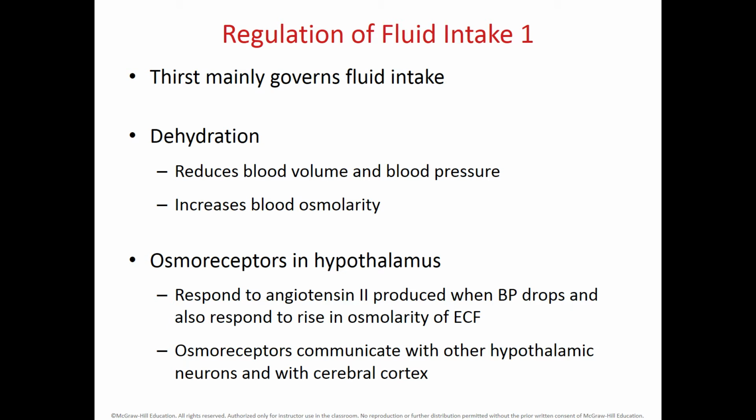Now, the osmoreceptors that we have in the hypothalamus respond also to angiotensin II. And if you remember, this angiotensin II is converted from this precursor, angiotensin I, in the lungs.